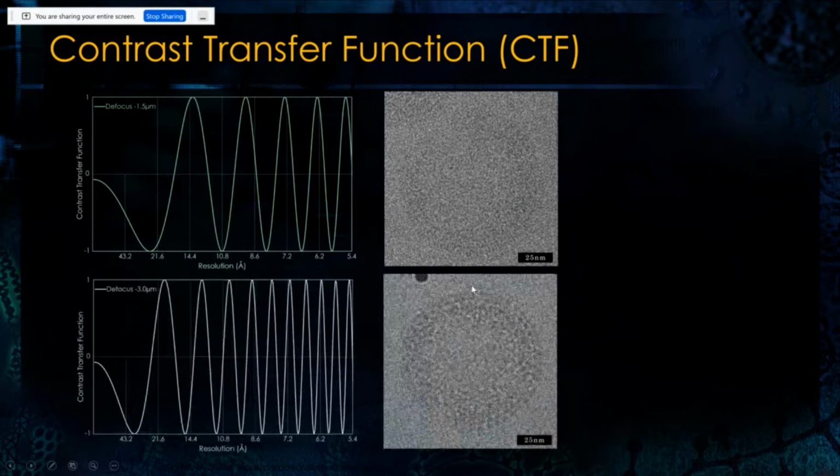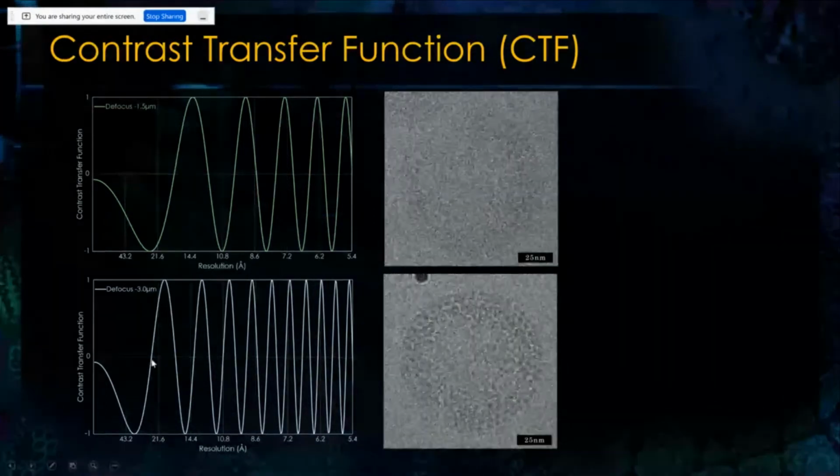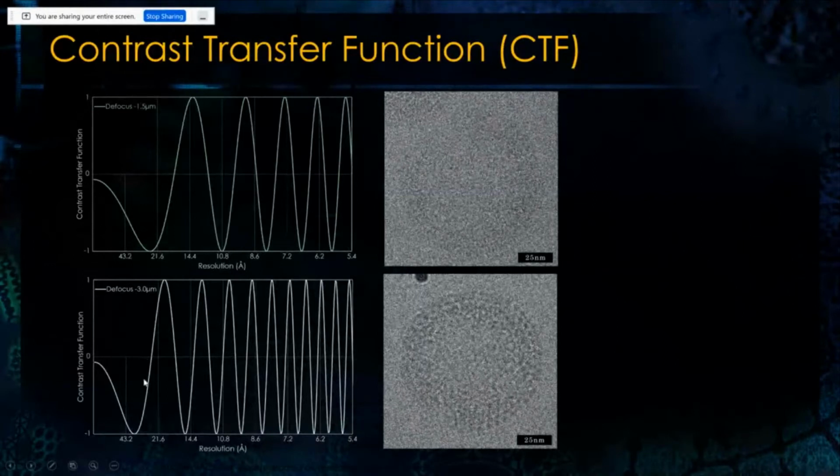If you go more out of focus, the virus becomes nicer in the sense that we have better contrast. We can actually see the virus. However, the function moves, and we lose resolution that we can recover, because now it's not 16, but 25 or something like this.